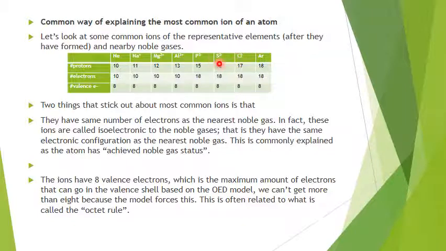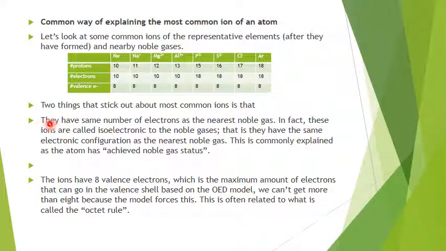The negative ions all have the same number of electrons as their nearest noble gas, argon. The other thing is that when these atoms form their most common ion, the number of valence electrons is 8.